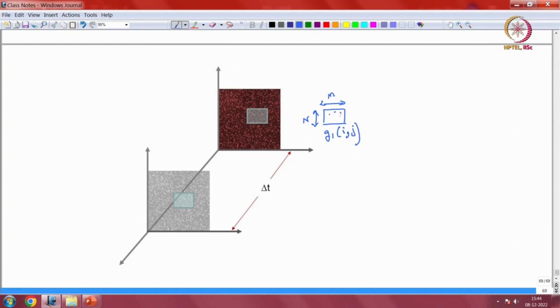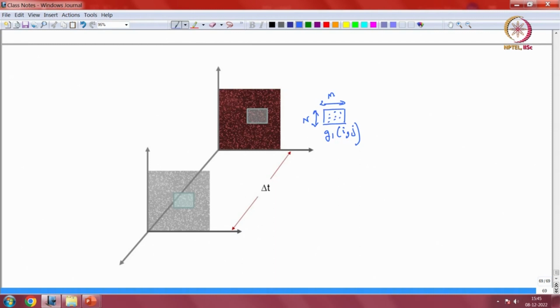By the way, we are now going to start dealing with monochrome images. If you are taking a color image, you must make sure that you are using a grayscale version of that. So, this is a 2-dimensional matrix, not a 3-dimensional one.